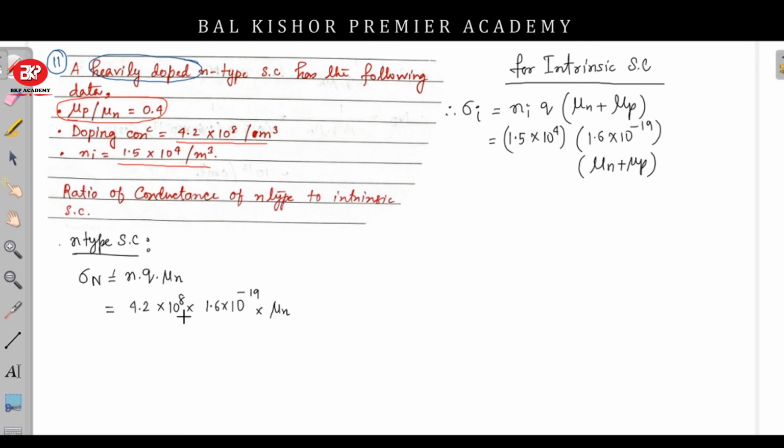So this is the n value and this is the q value.